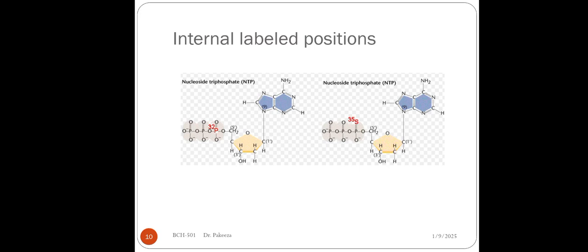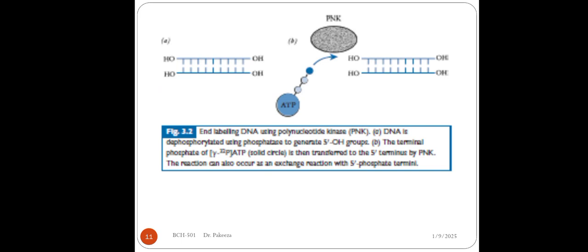On this particular slide, you can see the internally labeled positions, and for both cases, you can see it is the alpha phosphate. But when it comes to the second nucleotide, there you can see that instead of phosphorus, you can also replace one of the oxygens at the alpha position with sulfur 35. So we can utilize these two ways for internal labeling.